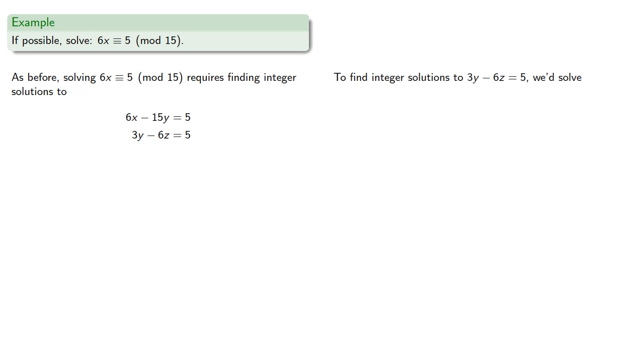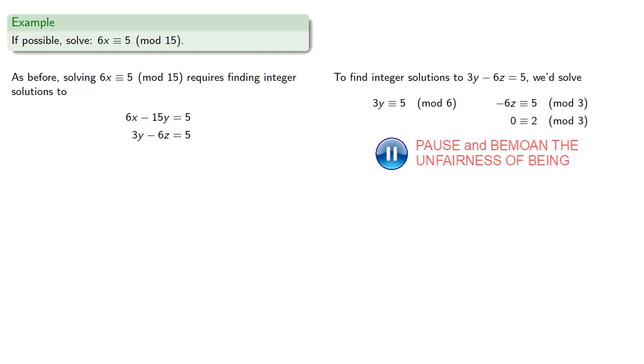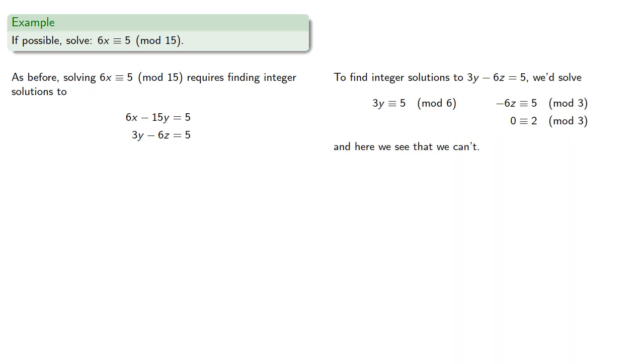So again, to find integer solutions to this equation, we'd solve the congruences, where, again, our first congruence is what we started with, and our second one is impossible. So here at this point, we see that we can't actually solve the congruence, which means we can't solve the equation.